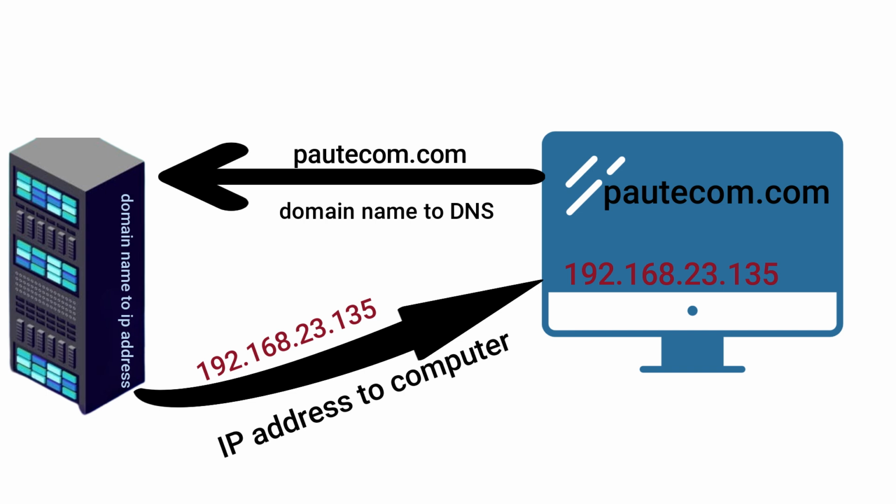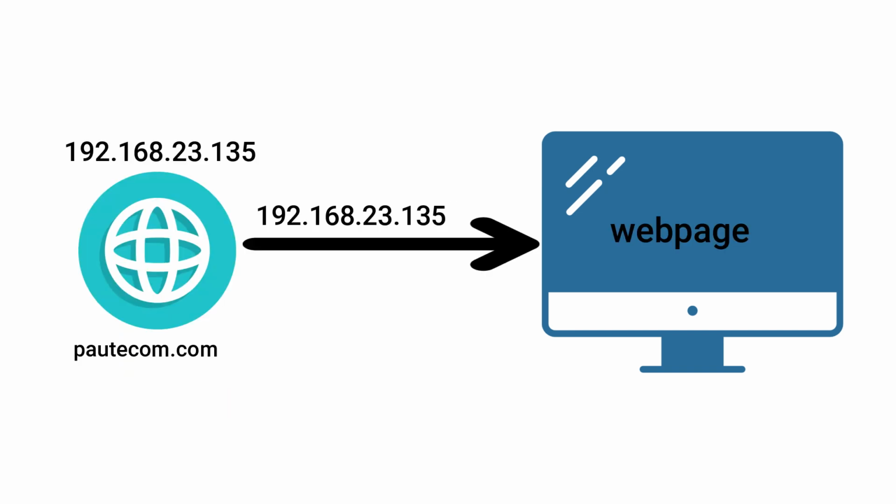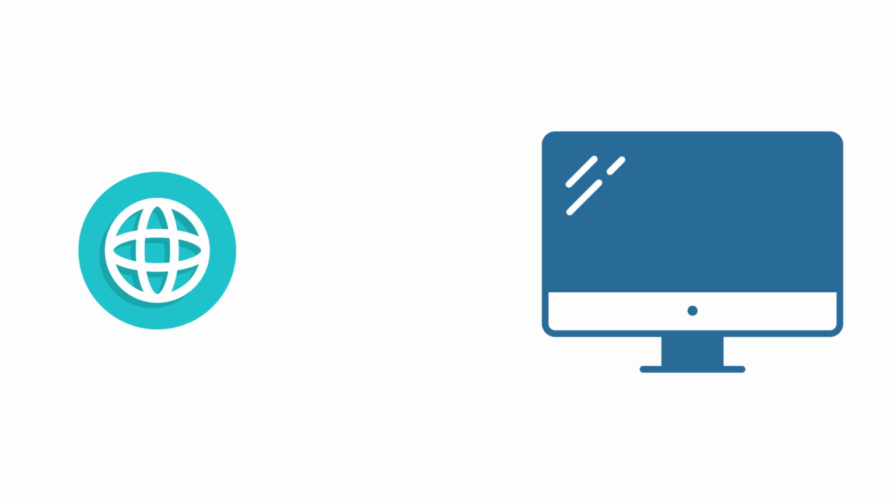So the DNS server converts the domain name into an IP address that is associated with the website, then sends the IP address back to your computer. It is only at this time that your computer understands that you wanted to open a web page that goes by that IP address, and then it's going to retrieve the information of the website and load it on your web browser for you to see.